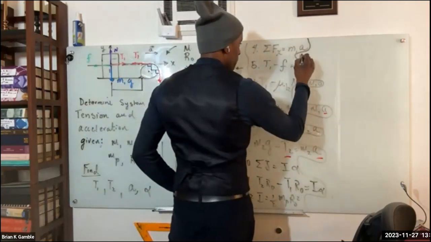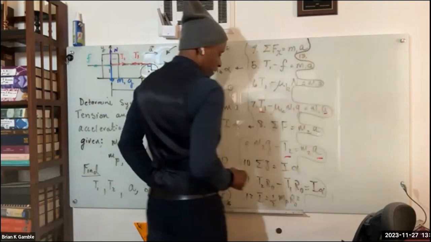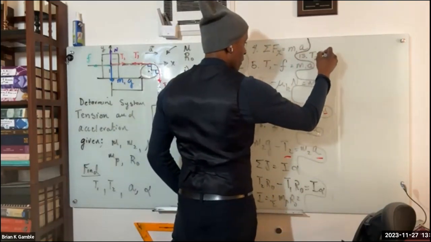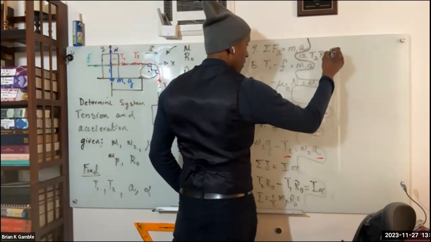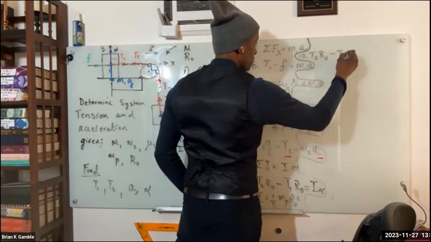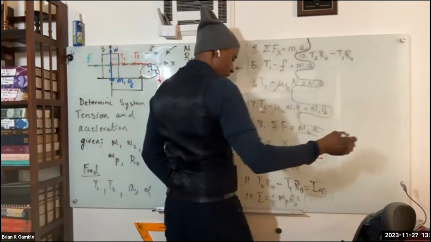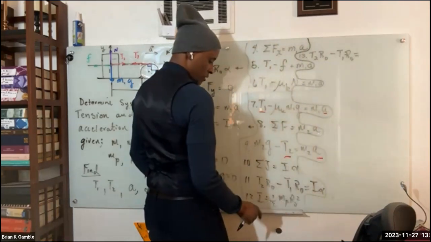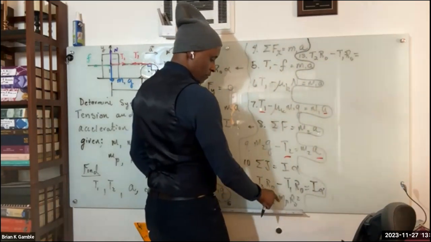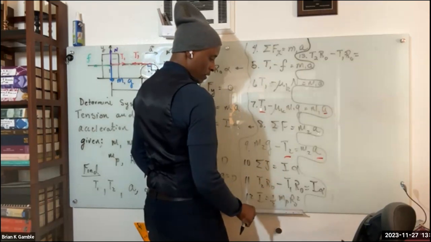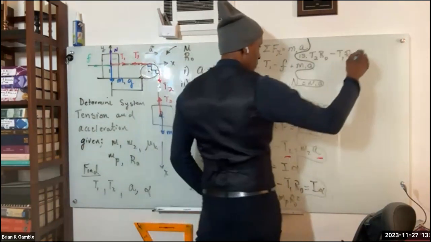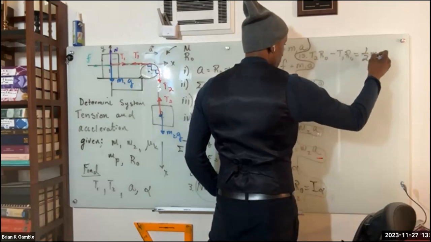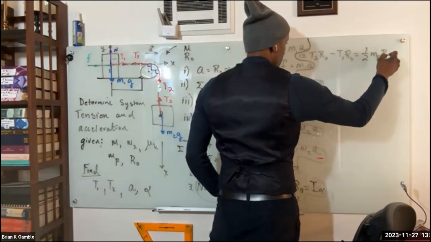Okay, 13. So we're going to have T2 R naught minus T1 R naught equals I, which is 1/2 M_P R naught squared.